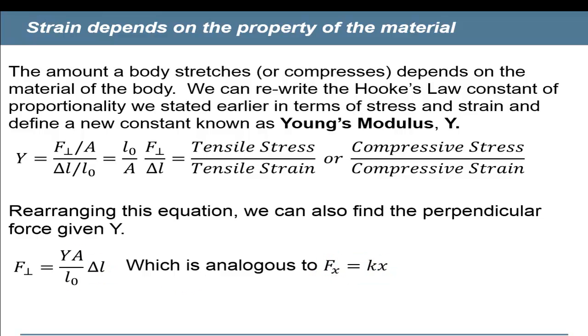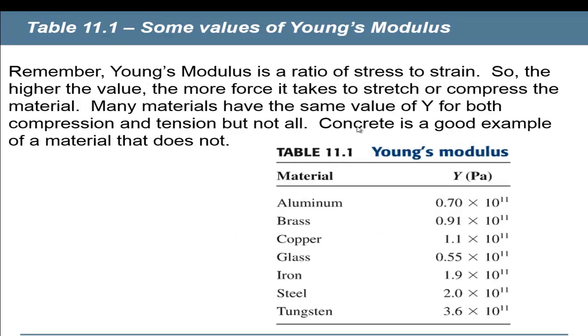So let me just give you a few values of Young's modulus, just so you can put things in perspective. Table 11.1 from your book gives several values of Young's modulus. So you see aluminum is 0.7 times 10 to the 11th pascals, so newtons per meter squared, and brass is slightly higher. Copper is even higher still.